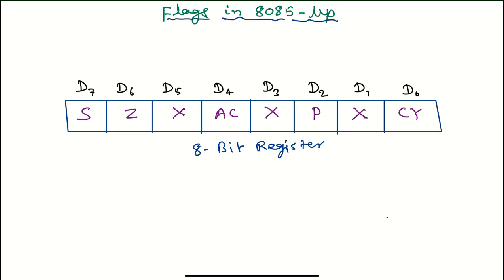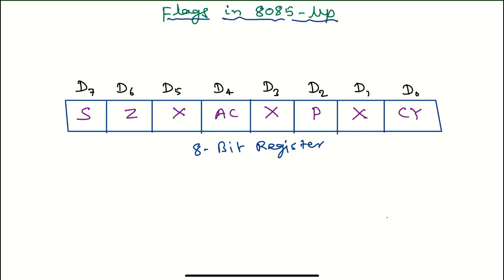In the ALU there are 4 major components: the accumulator, the temporary register, the arithmetic and logic circuits, and the flags. Whatever arithmetic or logical operation happens, the result of that operation is stored into the accumulator.